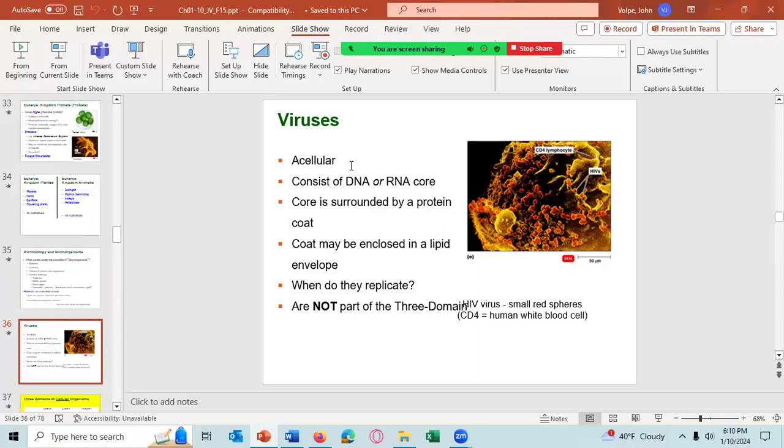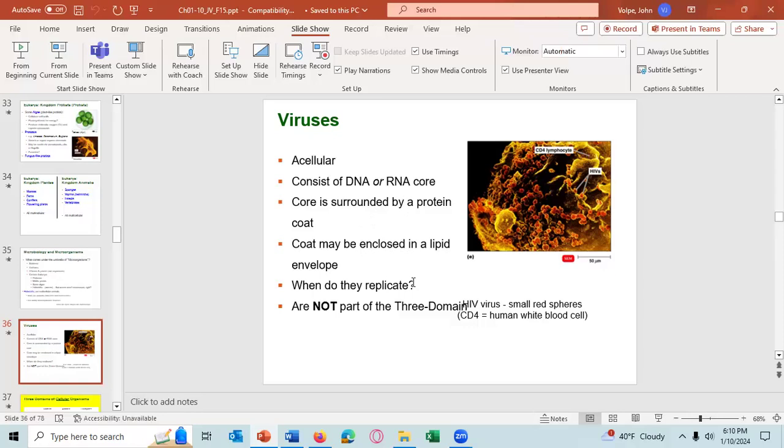Some viruses can have the protein coat surrounded by a lipid envelope, but not all viruses have a lipid envelope. All viruses do have either DNA or RNA, and they all have a protein coat. Viruses only replicate when they have infected their host cell, meaning viruses have a host cell they can infect and then replicate in.